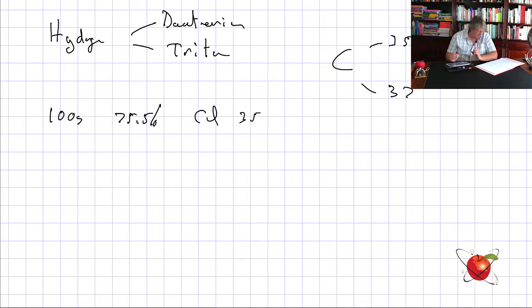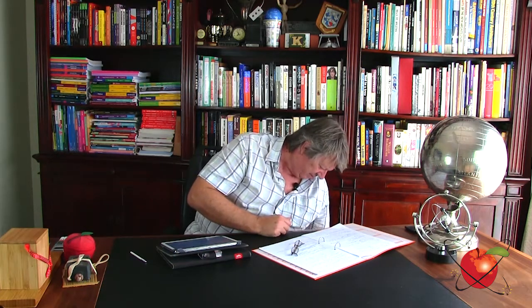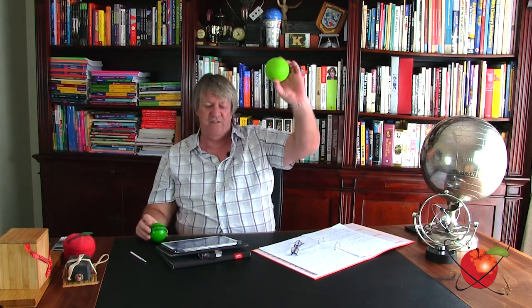But we've also got 24.5% of the Cl37. So what we've got is a whole chunk of, I'm just going to take this one now, a whole chunk of Cl35, which is the majority.